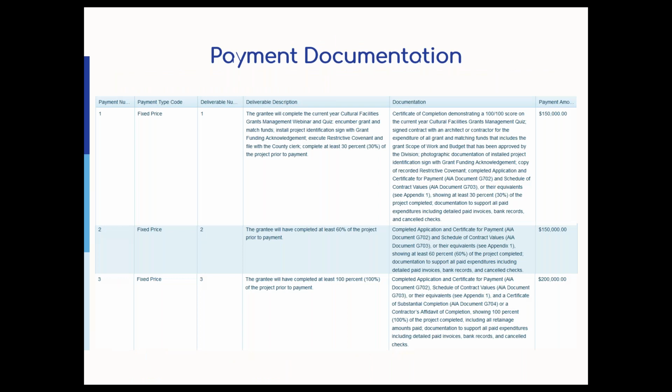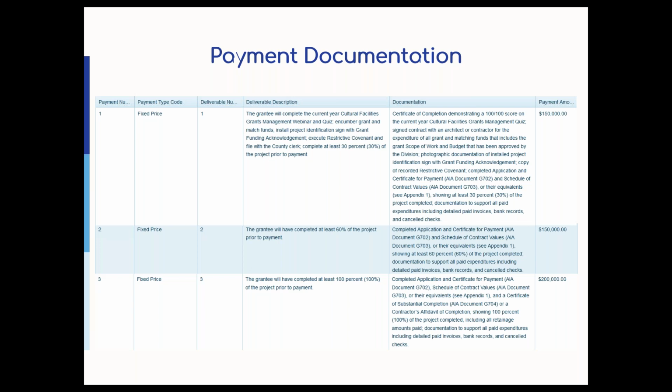Okay. So when you have 30% of your project completed, you can request your first payment. The deliverables and the documentation are listed there when you go in for your payment request, and it tells you everything that you have to have.